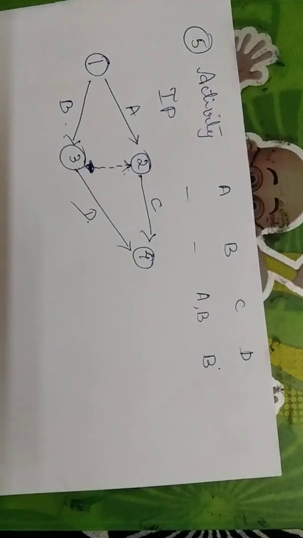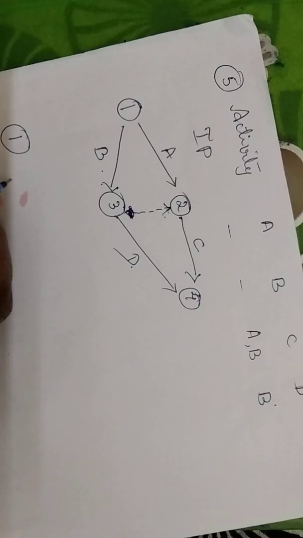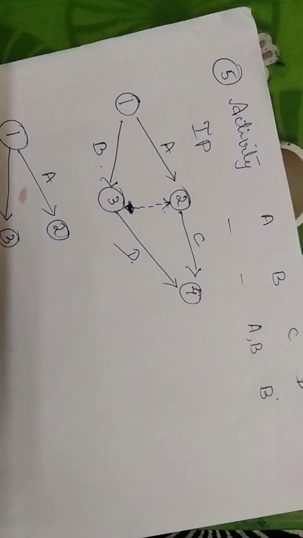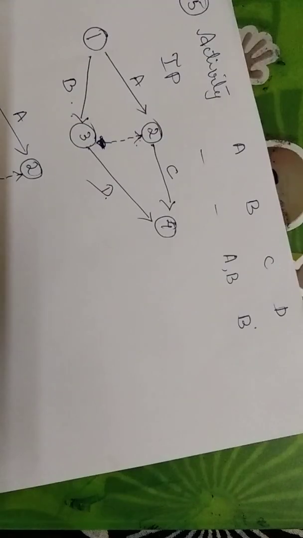Now this can alternatively be solved like this. Here we know that the initial points are A and B. We start with these two activities. Now as I told you, we have to draw a dummy line from 3 to 2.